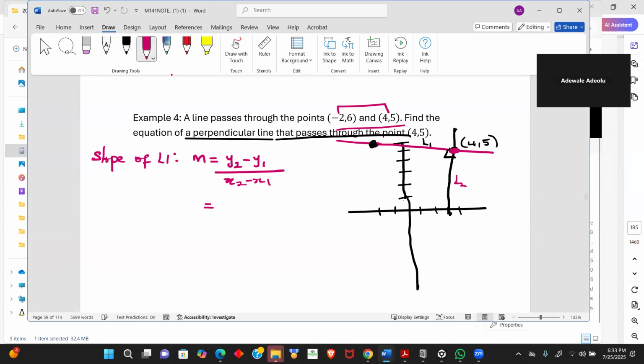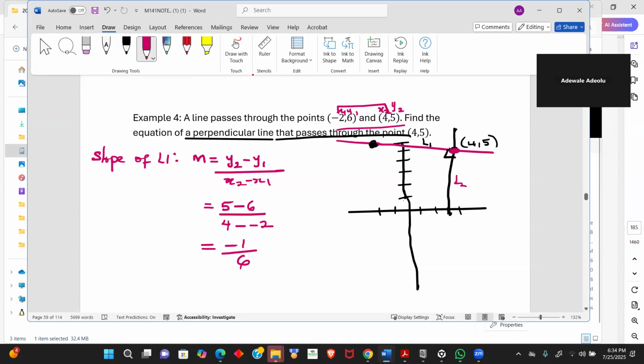So this is y2, this is x2, this is y1, this is x1. So y2 is 5 minus y1 is 6, x2 is 4, and x1 is -2. So that is -1/6. Let me be sure that is what I have. 4 minus -2, that is 6. Yes. Okay.